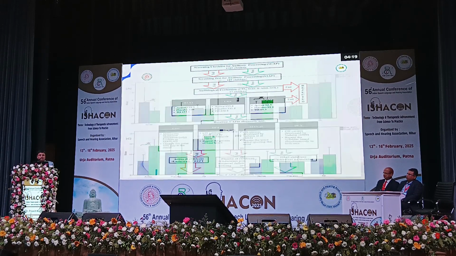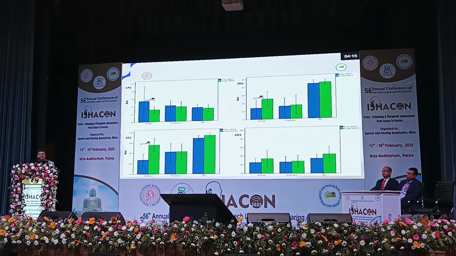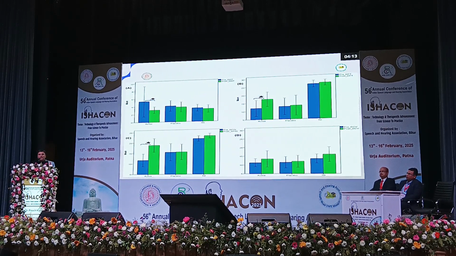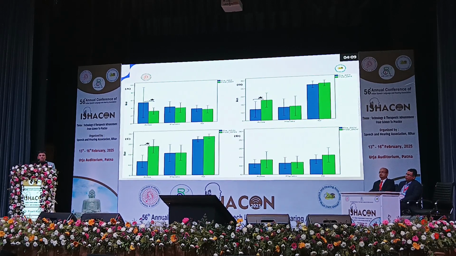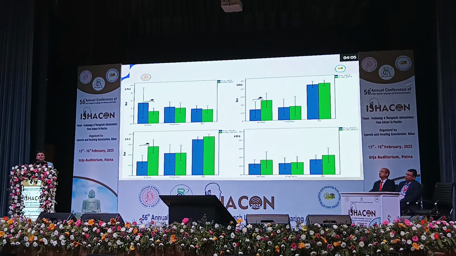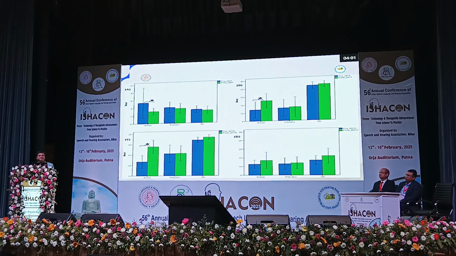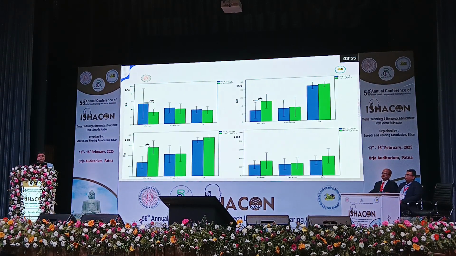So what we could see here, if you look at the behavioral measures, there were 4 tests we administered. One was the gap detection test, another was the duration pattern test, the third was the diotic CV, and speech in noise. The training was targeted to the temporal processing domain, and you can see in the active group, the first one, there is a significant reduction in gap detection threshold, and the same changes you don't see for the placebo group as well as typically developing children.